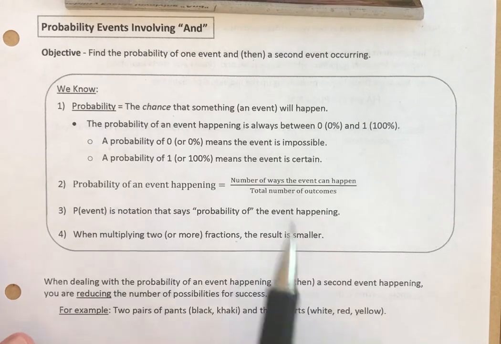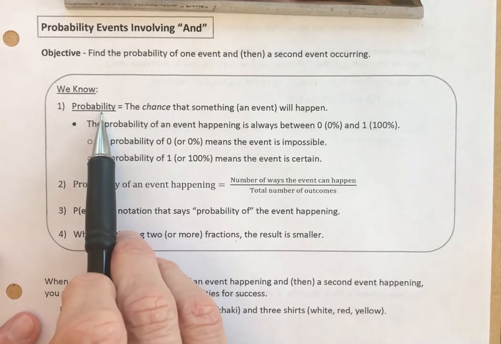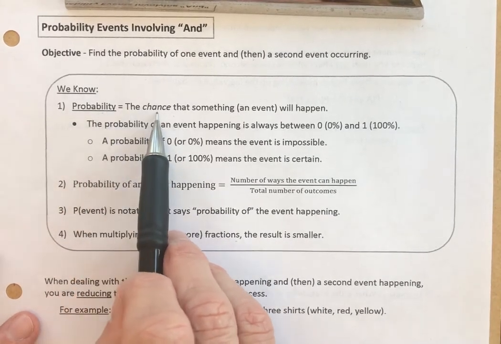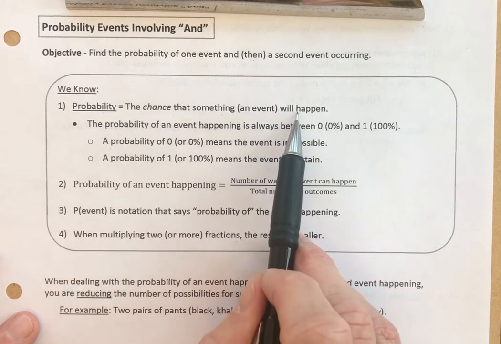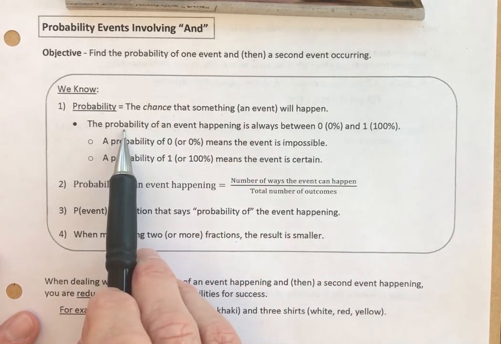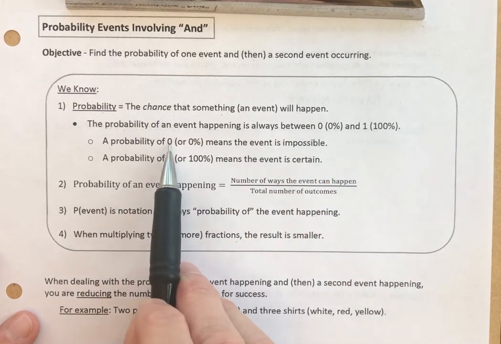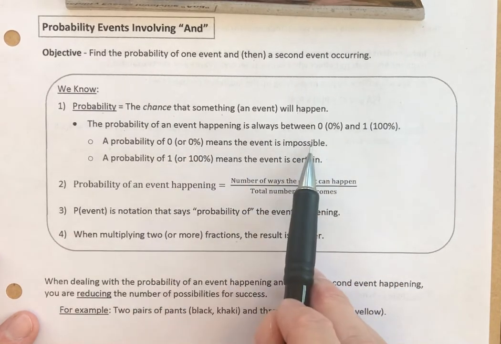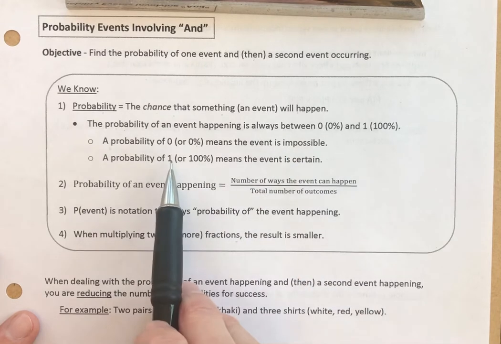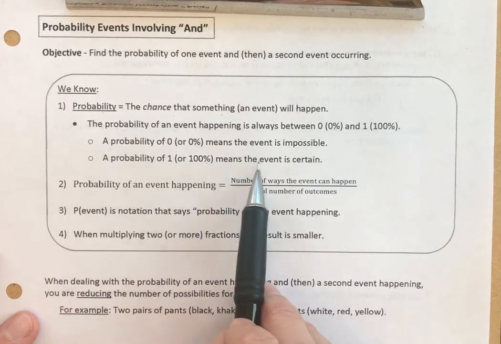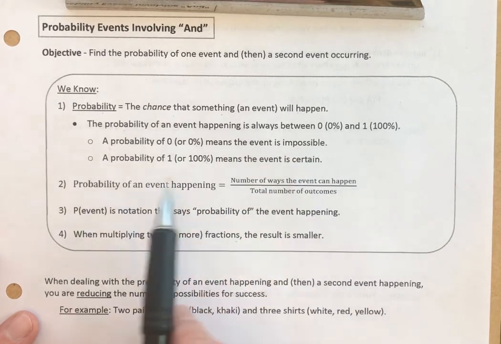Okay, let's recall what we know. We know the definition of probability: the chance that something, an event, will happen. We know that probability is always between 0 and 1. 0 or 0% means that the event is impossible. 1 or 100% means the event is certain.